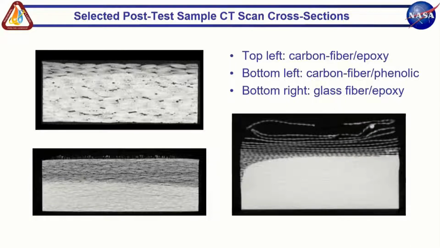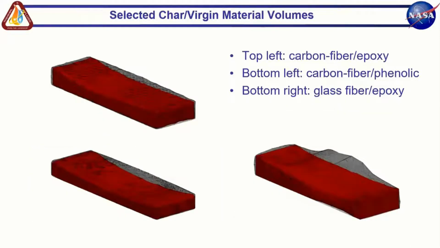And then we were able to use this difference in exposure to run a boundary surface algorithm to measure the outer surface and volume of both the virgin material, which is colored in red in these plots, and the char material, which is colored in gray.